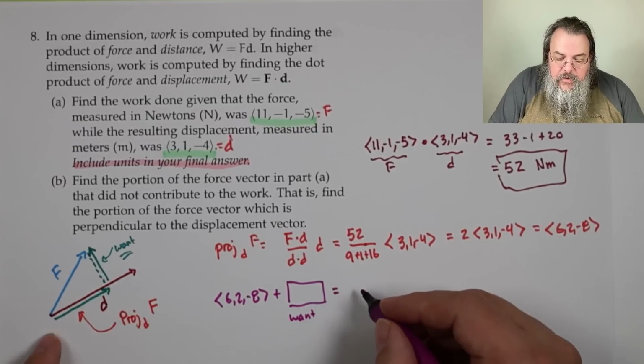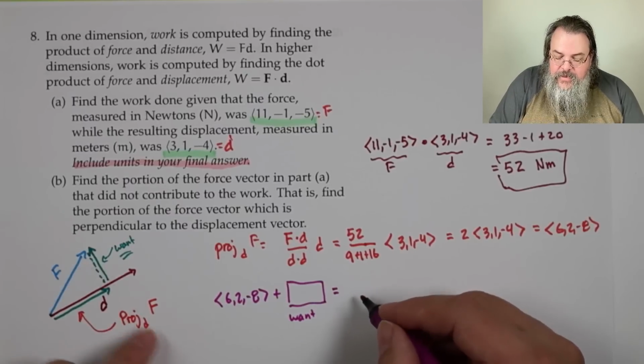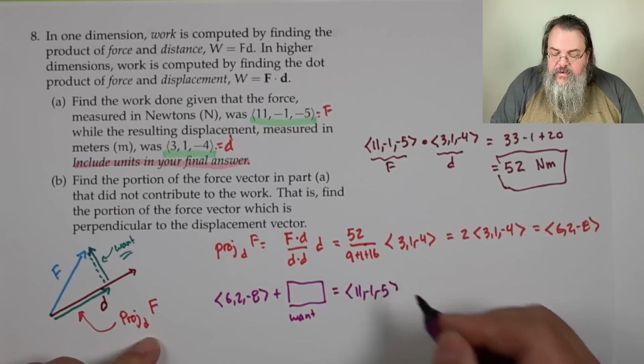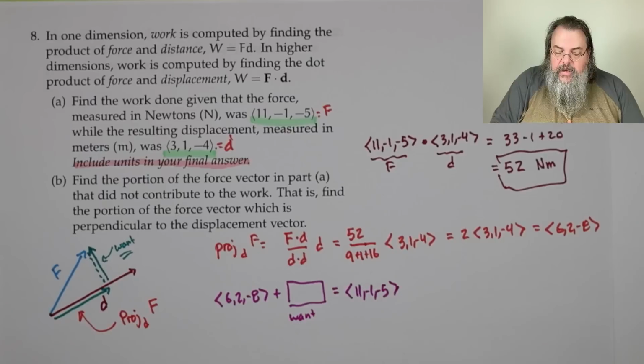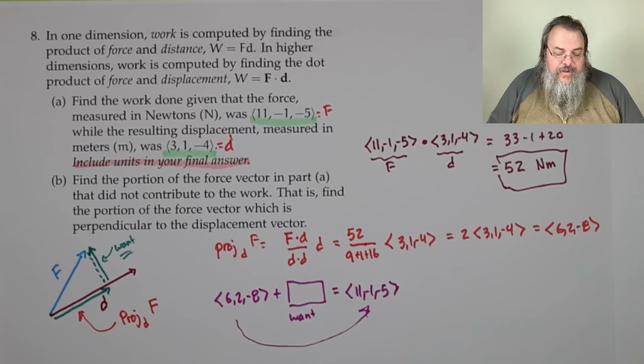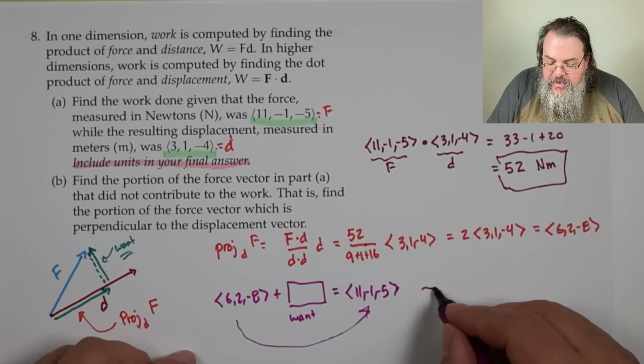Then we get out the actual force, right? Because we added these two together gives us force, which is 11, negative 1, negative 5. So we say, aha, we can just subtract, right? Because we can do basic algebra with vectors. And so we're almost done. We just need to carry out this subtraction.